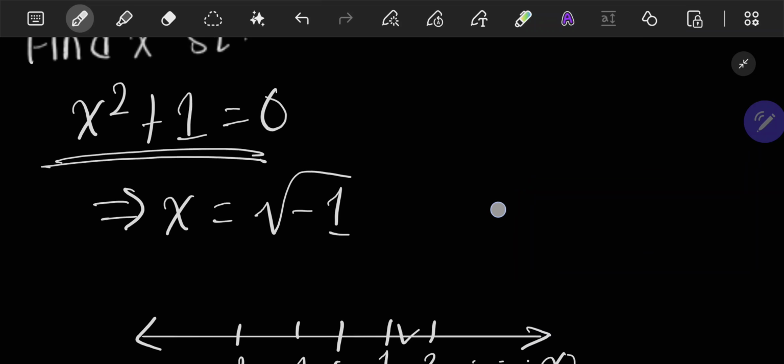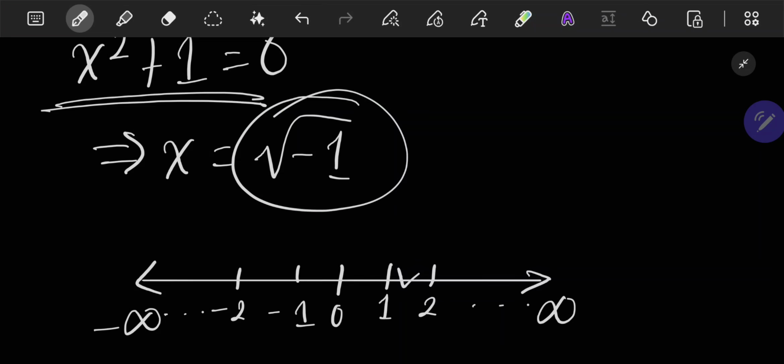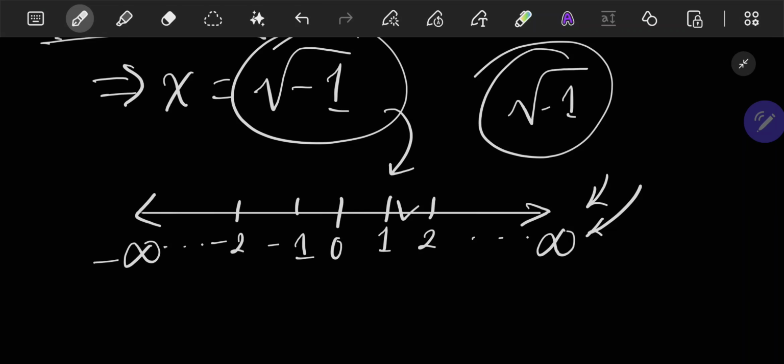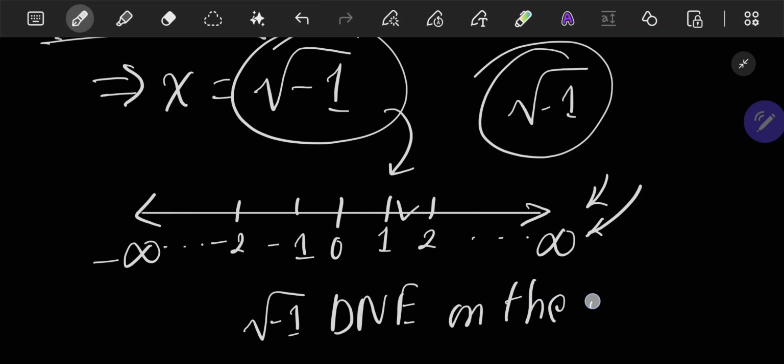Now, I want you to plot this on this line. So I want you to find the square root of minus 1 on this line and plot it, which you will not be able to do because this number does not exist on this line. So the square root of minus 1 does not exist on the real line.